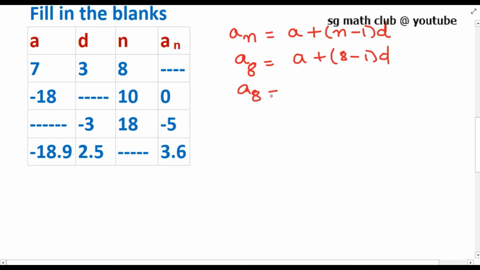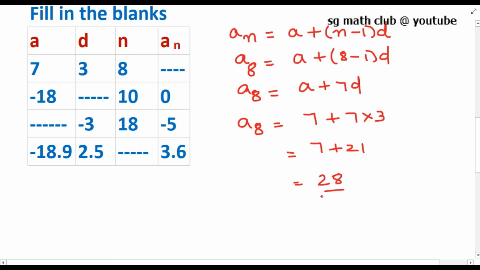So the 8th term is a plus 7d. Now we will substitute the values of a and d: 7 plus 7 into 3, which is equal to 28. So my 8th term is 28.